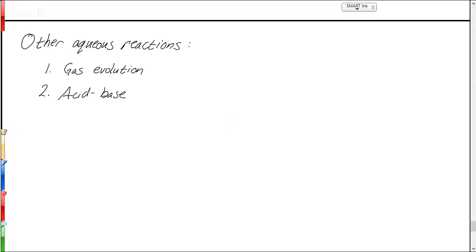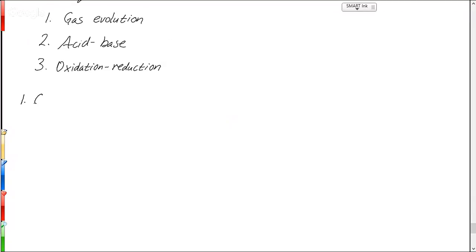Later in the semester, and actually next semester, you'll talk way more about acids and bases. And then oxidation and reduction. So these are the other aqueous situations where the net ionic equation exists, where it's not blank.